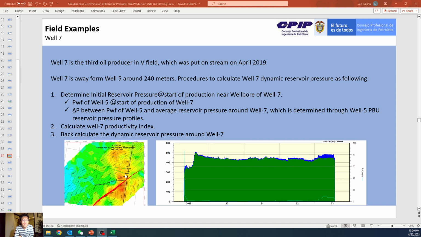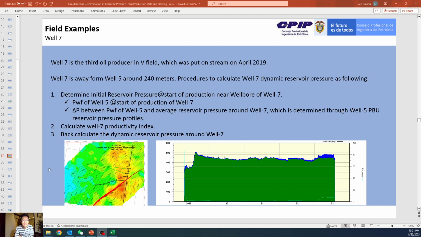It is about 240 meters away from well number 5. The procedures to calculate well number 7 dynamic reservoir pressure are as follows. First, determine the initial reservoir pressure at the start of production.